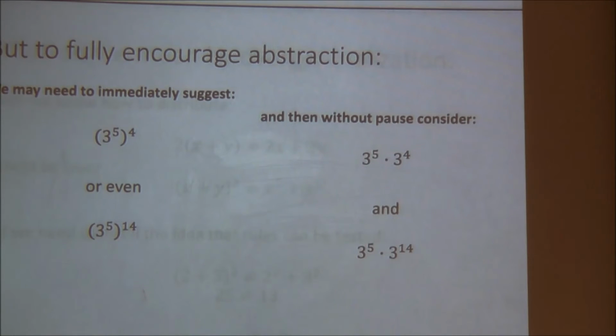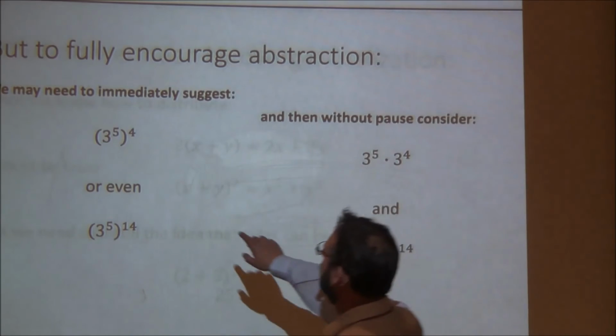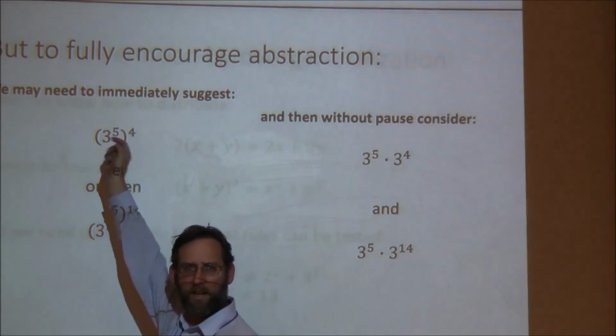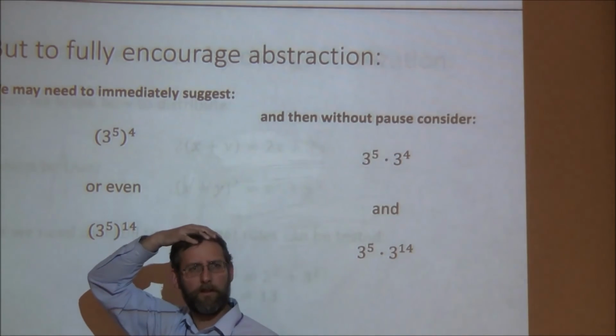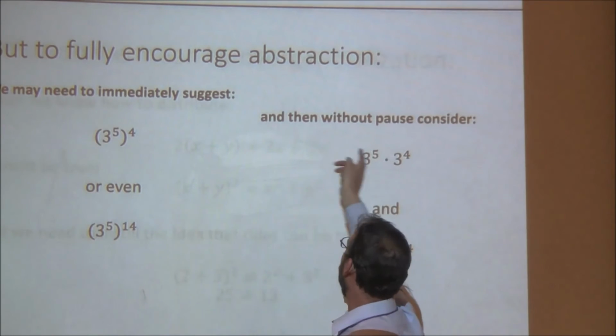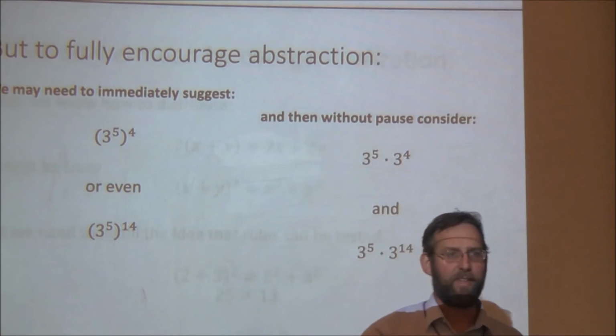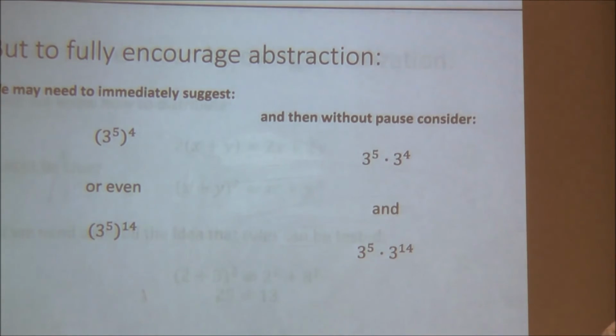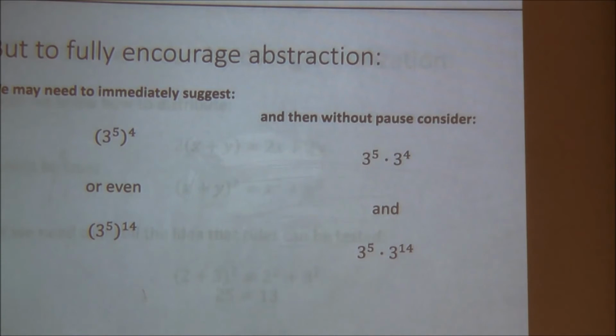Of course, the problem with abstraction then is overgeneralization. The instant they learn this rule, and what's the rule here? What do we do with these exponents? Did I go too fast? We multiply them. Then instantly you give them this question, and what do they do? They multiply them. So as soon as we teach a conceptual task, we instantly have to be aware of where common misconceptions are, and at least test for the misconceptions.